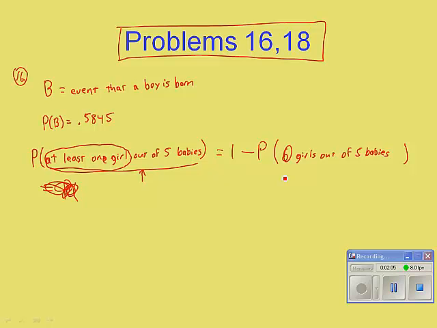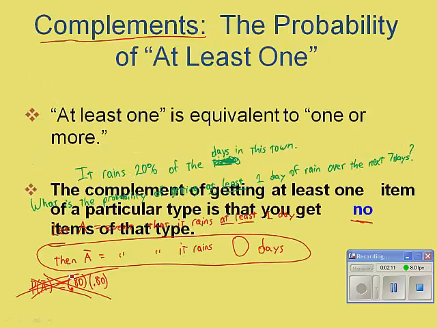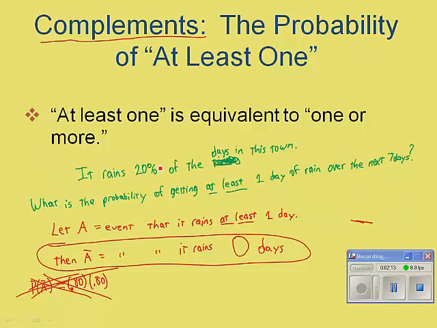Comments, David? That's the point I was trying to make in the last slide. When I was talking about rain, I was trying to figure out the probability of getting at least one day of rain, right? The complement of that is that you get no rain. So this at least one, this is the key idea of this.